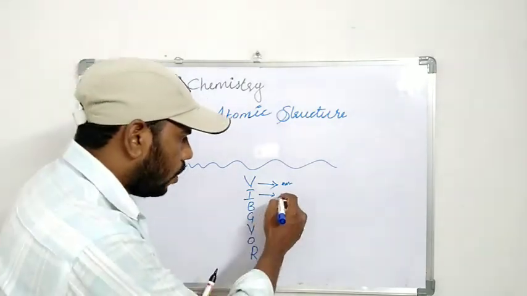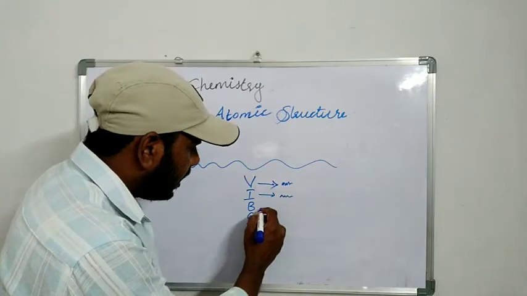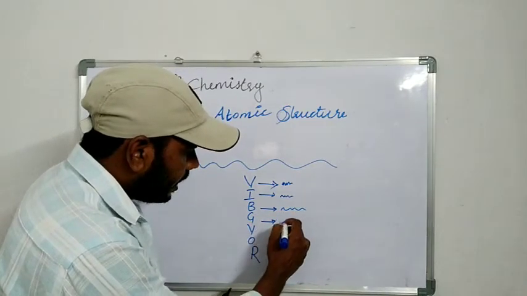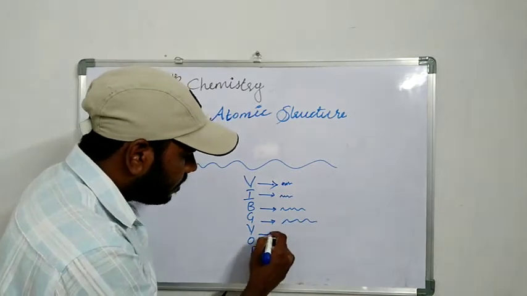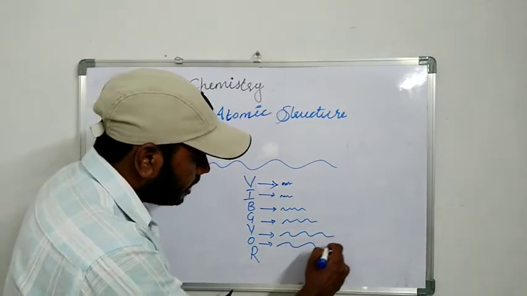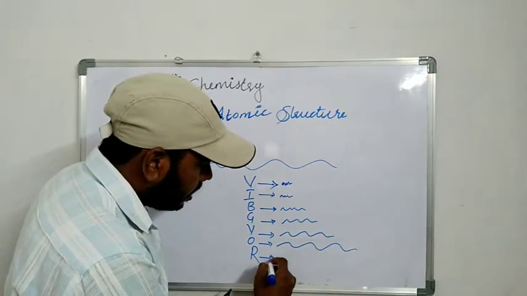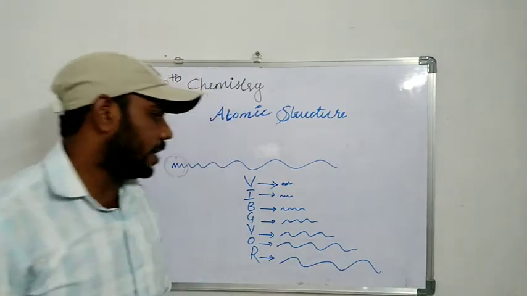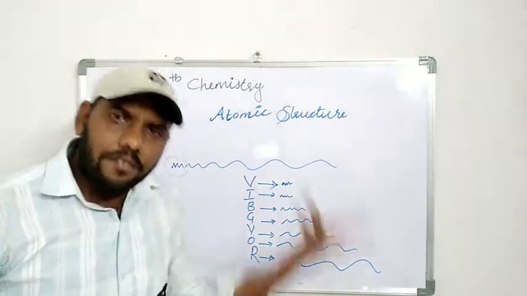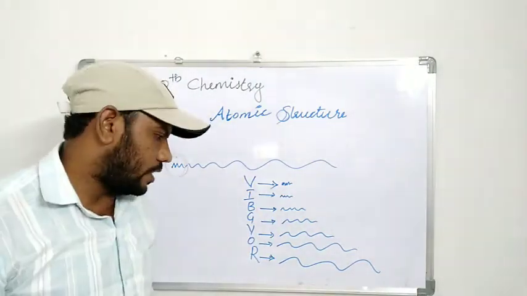Got it, children? Now I am increasing the wavelength. Here the wavelength will increase, and here the wavelength again will increase. The wavelength is increasing. Can you understand, children? Yes, the wavelength has highly increased. So here we will get the correct understanding. Red has high wavelength, low frequency.